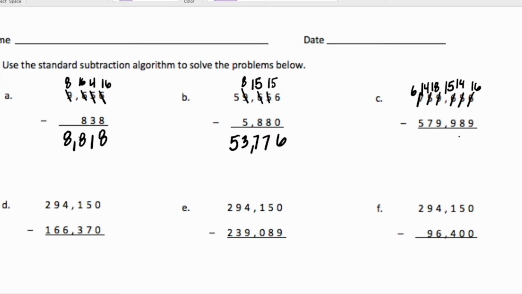Now I can subtract. 16 minus 9 is 7. 14 minus 8 is 6. 15 minus 9 is also 6. 18 minus 9 is 9. 14 minus 7 is 7. And 6 minus 5 is 1. 179,667.